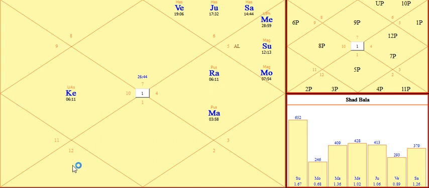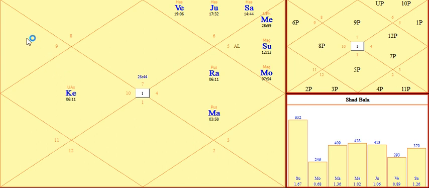And whenever a house lord has gone 7 places away, the pada would come to the 10th place from itself. So the 6th pada will fall in the 3rd house. So these are important exceptions, and whenever the house lord is in the same house, the pada will go 10 places from that house. Here the 8th house from the 11th house, 10 places, so it is the 8th house.